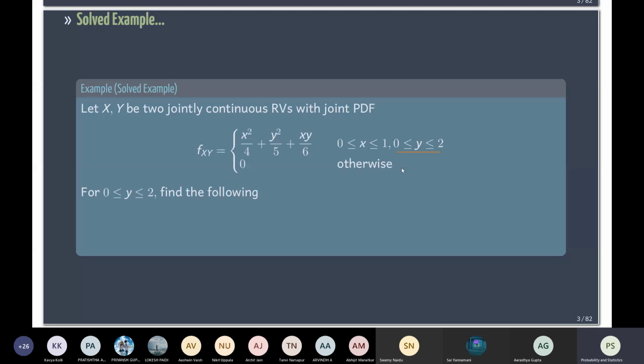So this is f_XY(x,y) divided by the marginal f_Y(y). The joint is something we are given already, which is here. What we don't have is this marginal, so we are supposed to find this marginal now. Let us find this f_Y(y).